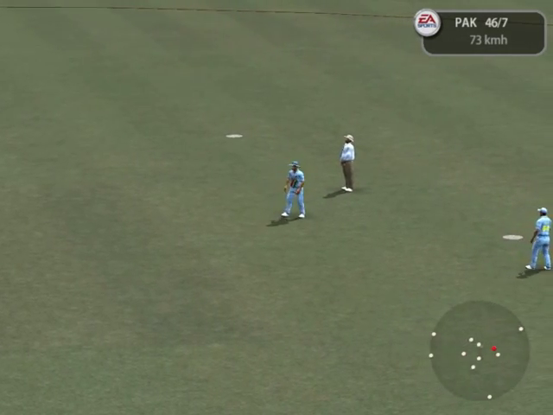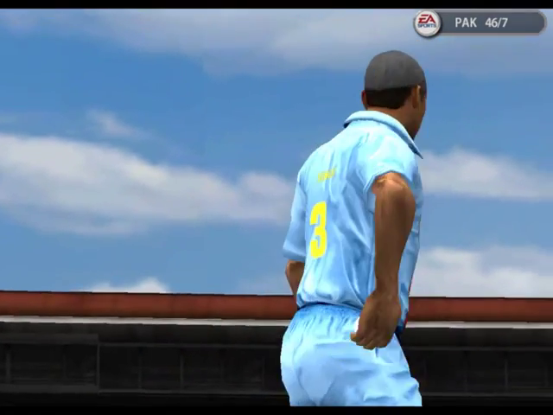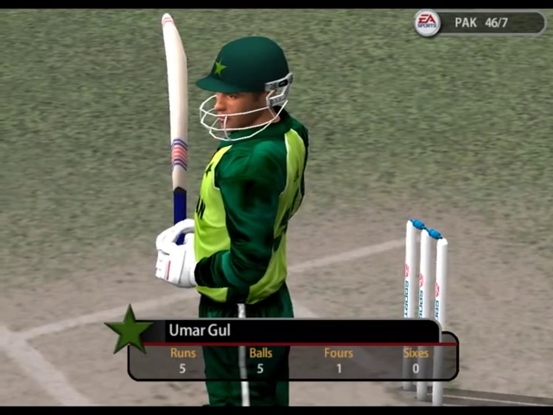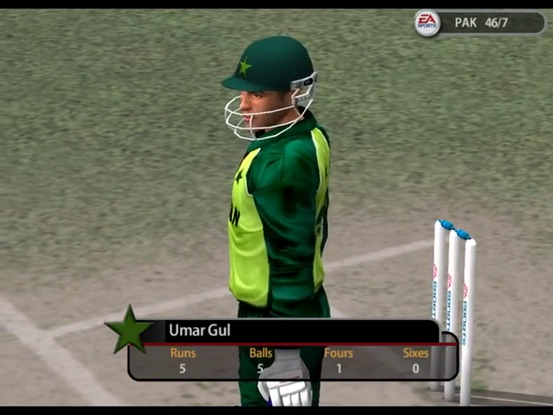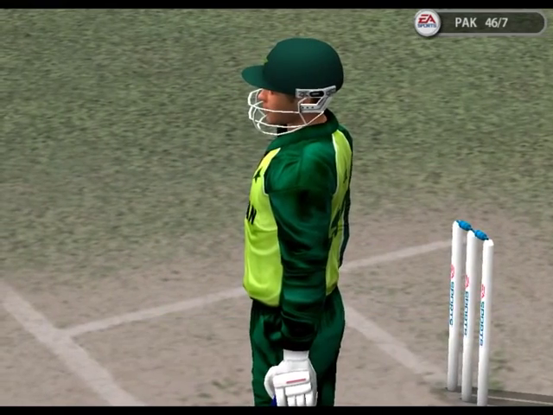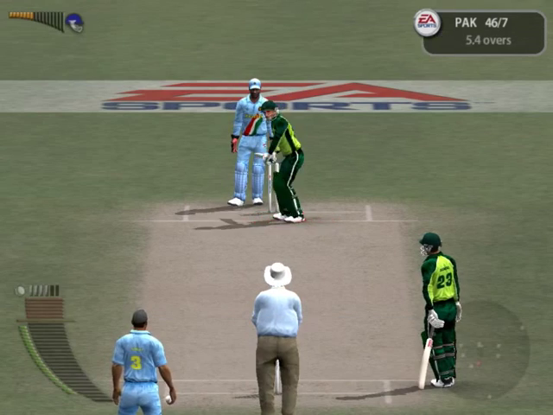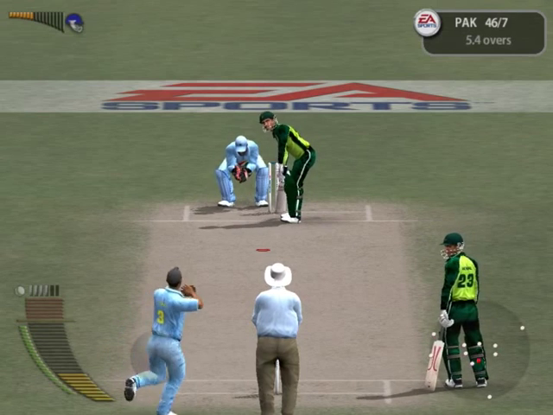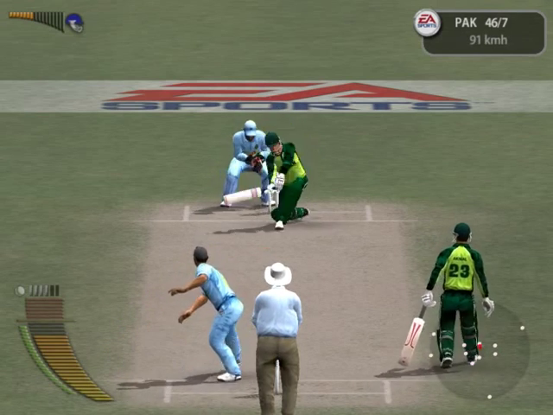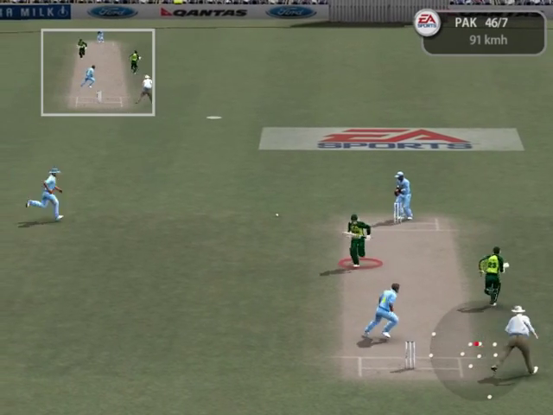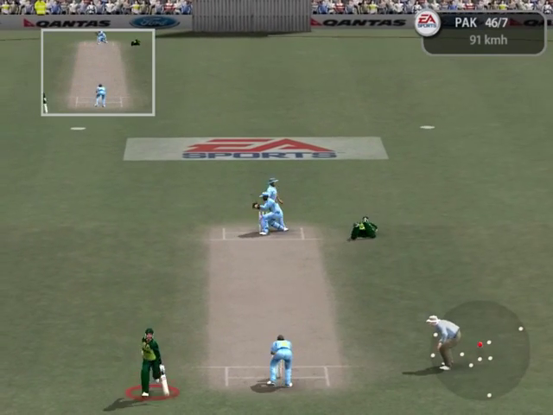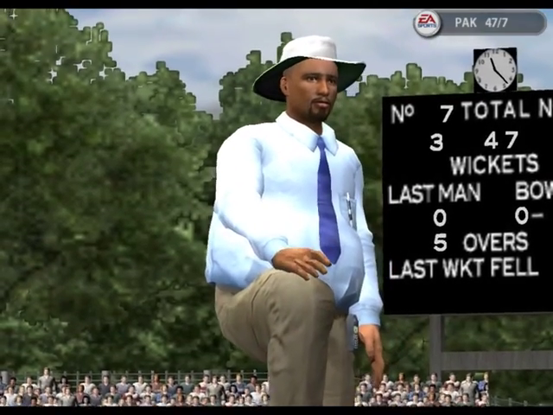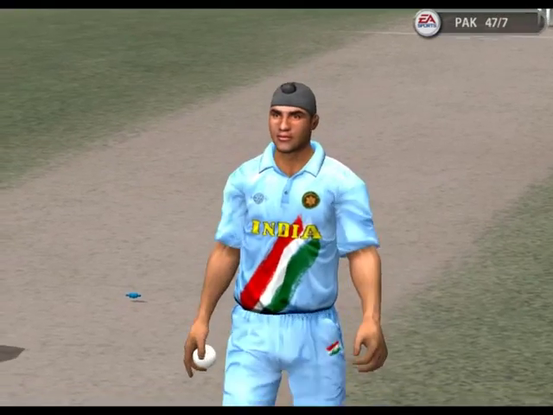Stopped by Khan. Umar Gul waiting at the striker's end. That's off the batsman's pads. Umpires signalling that as leg byes.